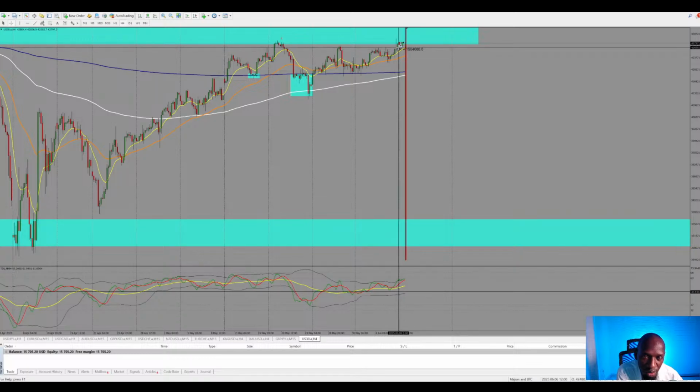So price is still trying to hang in that area, but there's no sign so far that price will be breaking this zone.